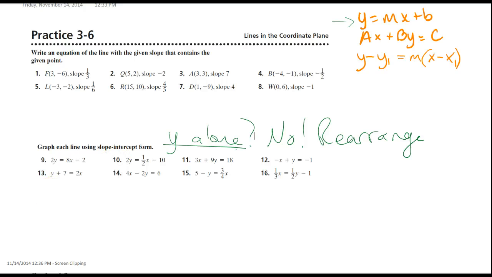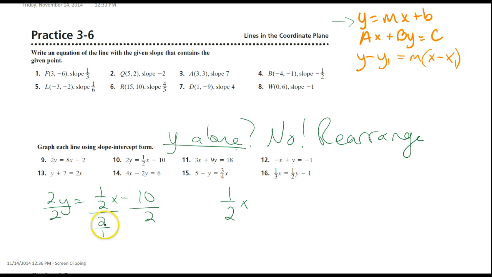Number 10, let's rearrange that one. 2y equals 1/2 x minus 10. Divide both sides by 2. 1/2 divided by 2, negative 10 divided by 2. 1/2 divided by 2 is a lot like saying 1/2 divided by 2 over 1. Two fractions getting divided, that's like invert and multiply.